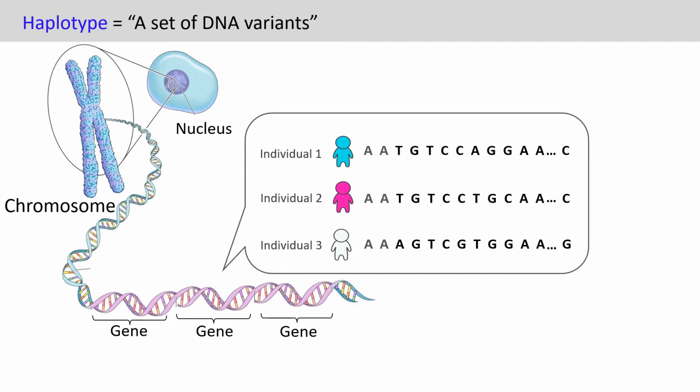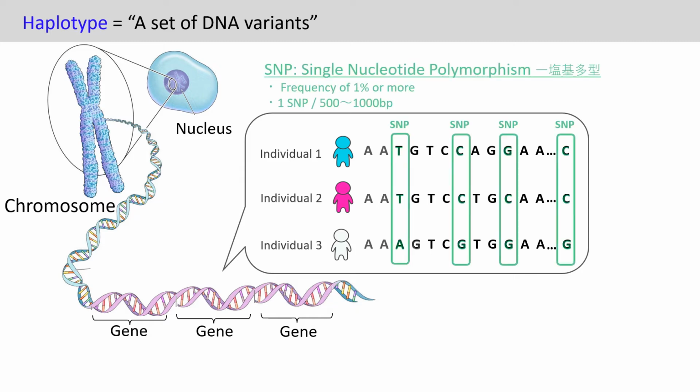As you know, genetic information is encoded in DNA by a sequence of 4 bases: adenine, thymine, guanine, and cytosine, and there are individual differences in this sequence. The differences in the genetic code that occur at the frequency of 1% or more of the population are defined as single nucleotide polymorphisms.